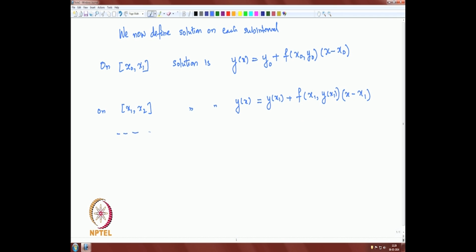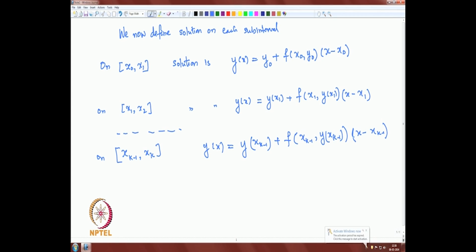And similarly, if we keep on doing this on the interval [x_{k-1}, x_k], the solution is given by y(x) equals y(x_{k-1}) plus f(x_{k-1}, y(x_{k-1})) times (x minus x_{k-1}).